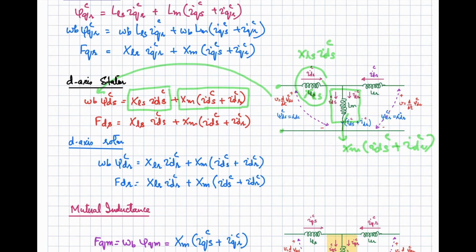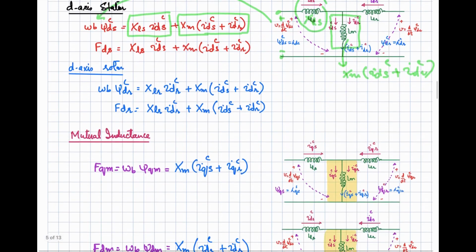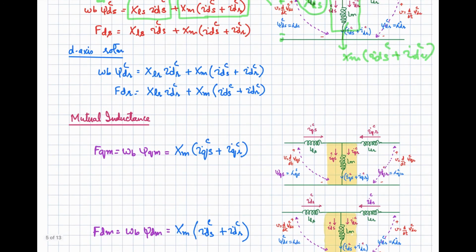This omega b into phi ds is the voltage between these 2 points, that is equal to the derivative of the phi ds, right? So the derivative is basically the multiplication of omega b over here. And now if I just look at this part, I am going to write a few more equations. What is the voltage across this branch? Let's suppose that is equal to FQM.